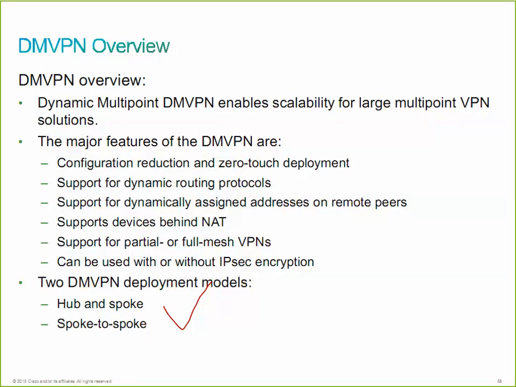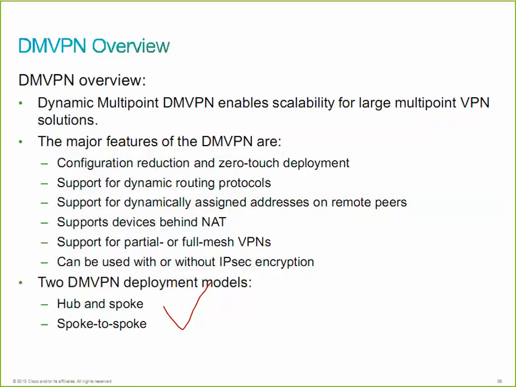So DMVPN provides this configuration for all of the devices, and it allows the spoke devices to dynamically peer and establish optimal routing paths. Optimal routing paths meaning, hey, if I want to talk from spoke A to spoke B, I don't have to go through the hub to do that. I can simply create this spoke-to-spoke communication.